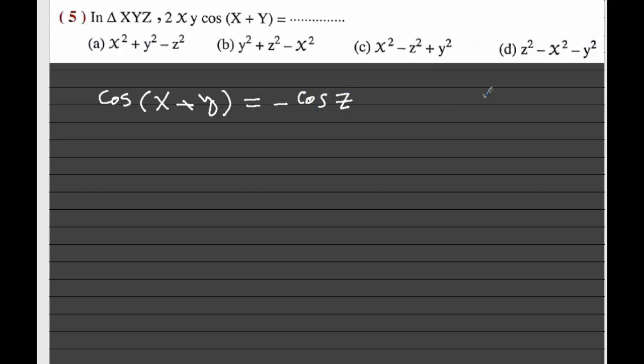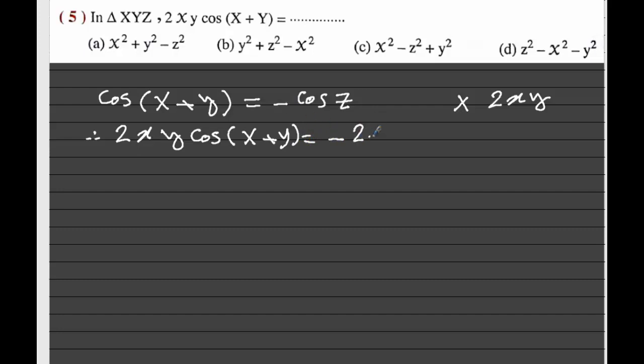So multiplying both sides by 2xy, we will get 2xy cosine (x plus y) equals negative 2xy cosine z.